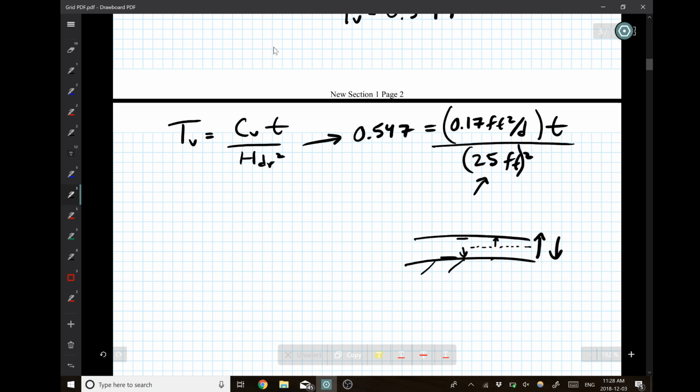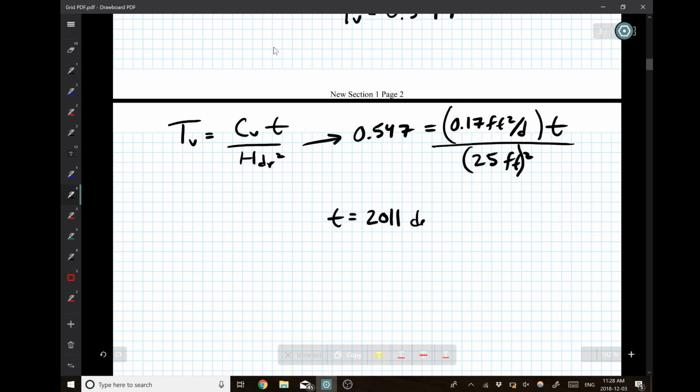But since this is impermeable, then it's the total height. So then we solve for T, which gives us 211 days, which is roughly equal to 5.5 years.